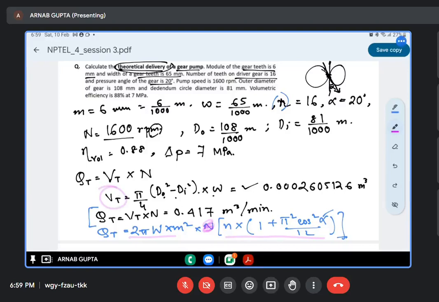Okay, so let's just plug in the values. 2 pi into W, W is 0.065, cos m square, that is 0.006 square, multiplied by 1600 rpm. I did a mistake.